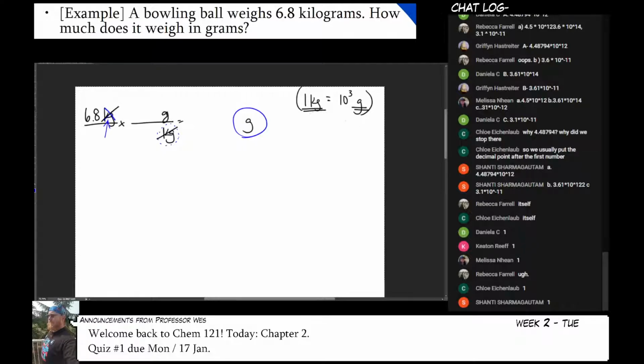Now we just have to put in these numbers. Well, I have 1 kilogram, so I'm going to find kilogram and put the 1 next to it. I have 1,000 grams, so I'm going to find the grams and put 1,000 next to it. And then finally, I type it in the calculator and do the equation. 6.8 times 10 to the third, or 1,000, divided by 1 is 6,800.